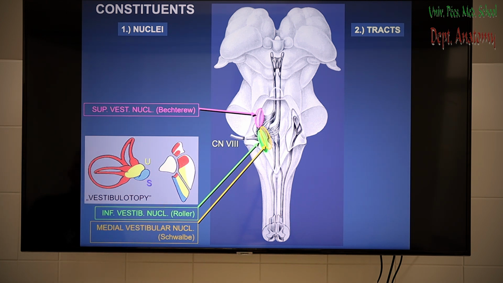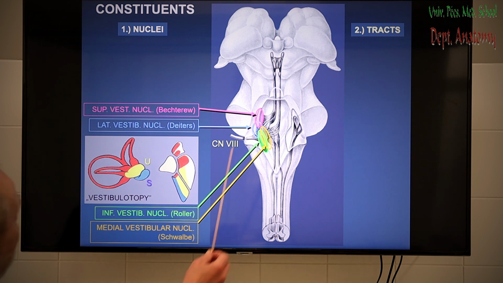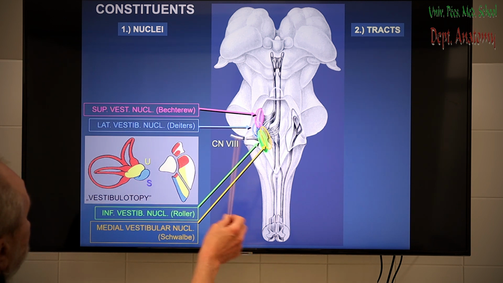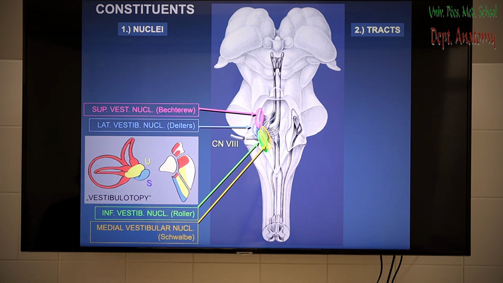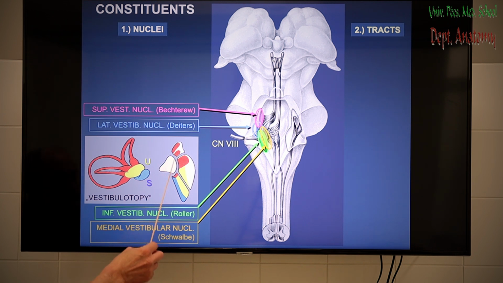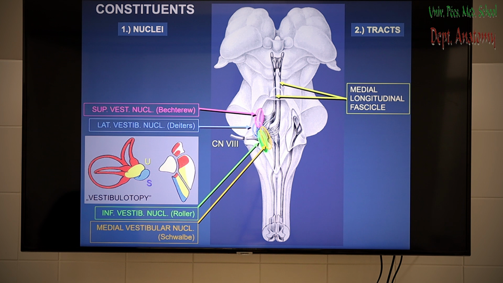So this is called vestibulotopy, related to the somatotopy or the retinotopy or the tonotopy you previously became familiar with. Just to mention the fourth vestibular nucleus, this is the lateral vestibular nucleus, but don't forget, it does not receive primary vestibular afferents.